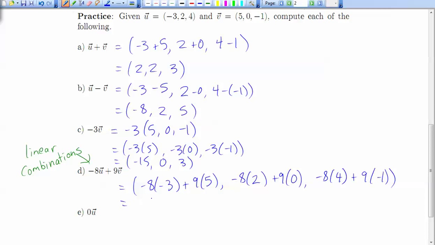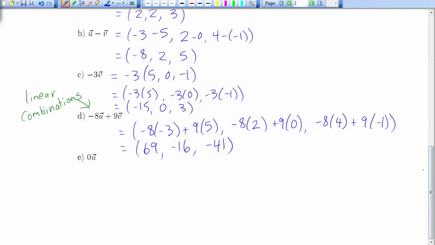And I just calculate all of that, and we're going to get 24 and 45 makes 69. Negative 16 plus 0 is negative 16, and negative 32 minus 9 is negative 41. Okay, we get that vector there. A vector in R3, it's got 3 components.